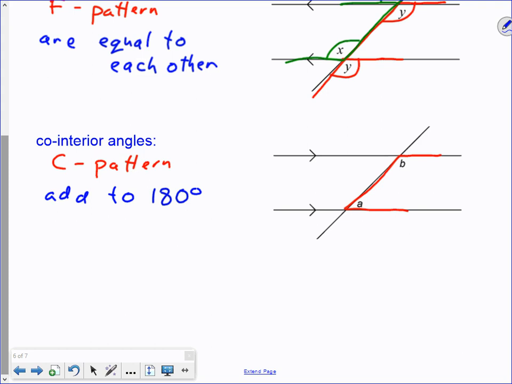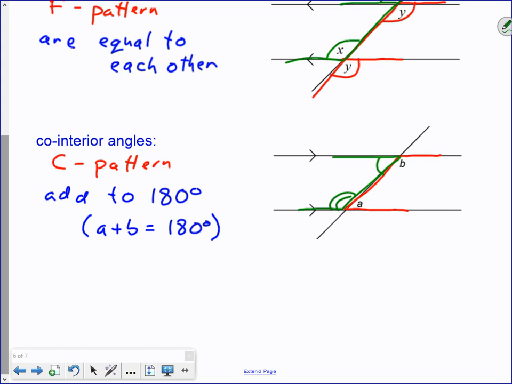So A plus B in this diagram are 180 degrees. And just like our F pattern and our Z pattern, we could draw our C backwards like this, which would mean that this angle and this angle add up to 180 degrees as well.